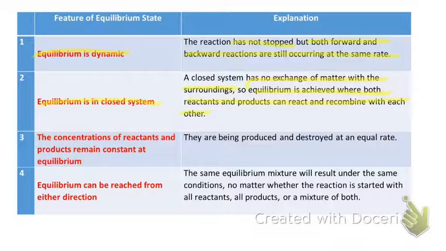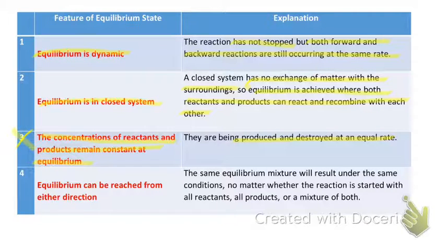Okay? Also, number 3, this point is really super important. The concentrations of the reactants and products remain constant at equilibrium. So, what does that mean exactly? That means that both the reactants and the products are being produced and destroyed at equal rates.